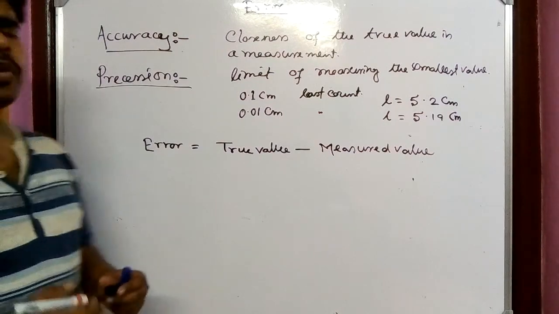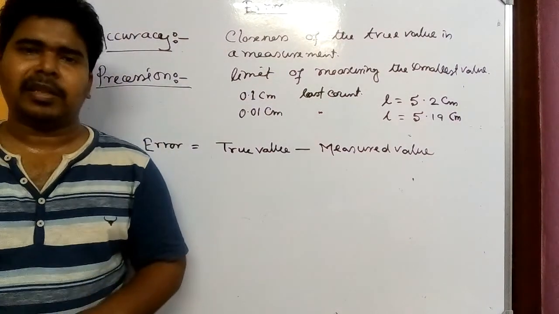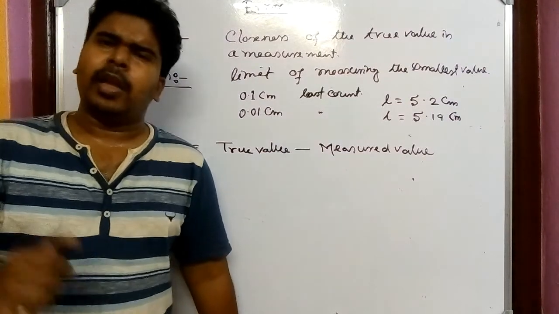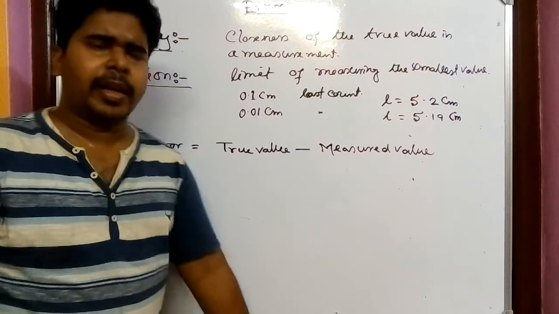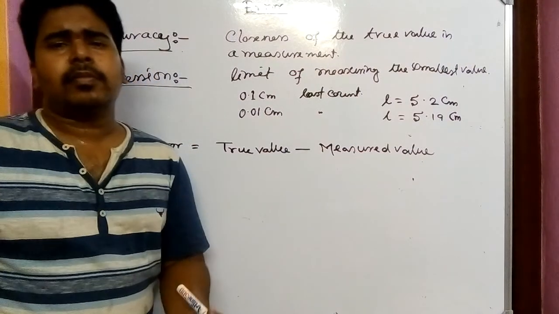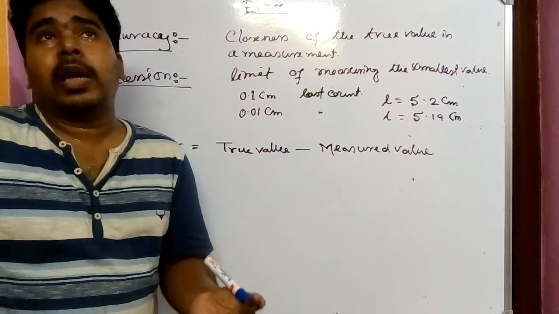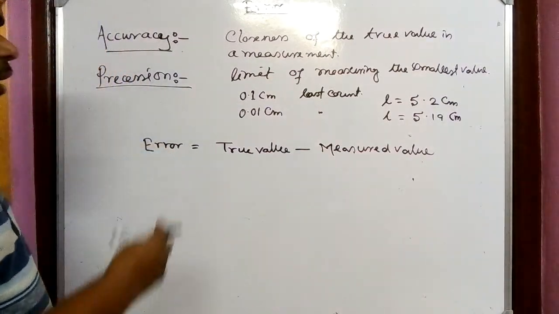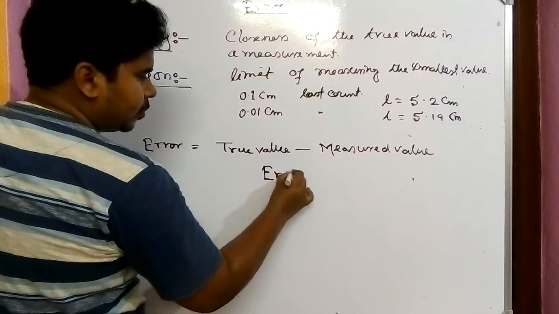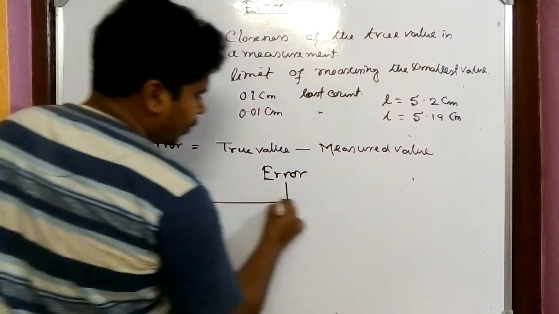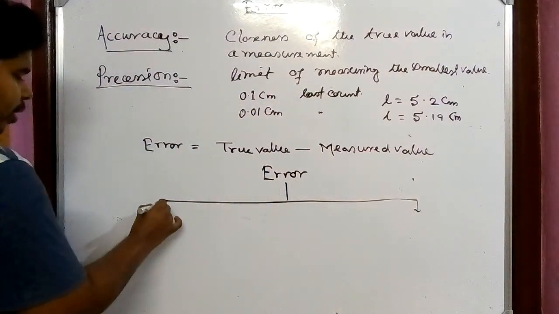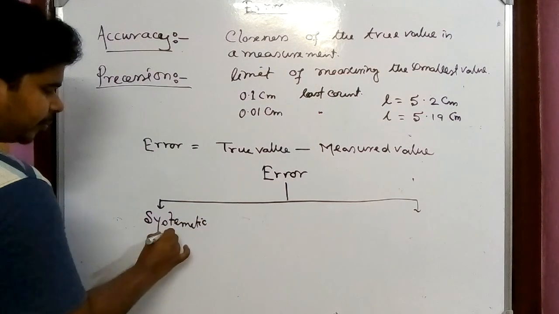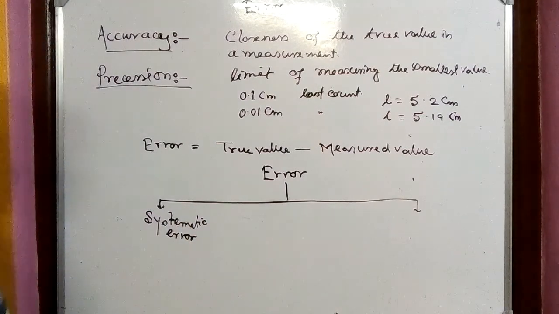Okay, now the question has come, why do errors come in any measurement? We don't want to make any error, we don't want to make any mistake, but still why has the error come? Based on the introduction of error, we can divide error into 4 parts. First one, systematic error.